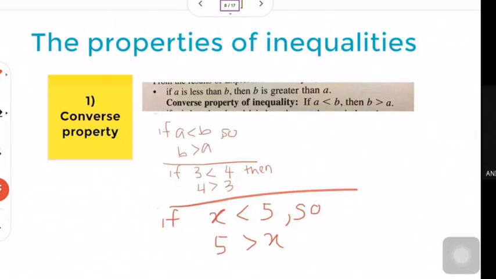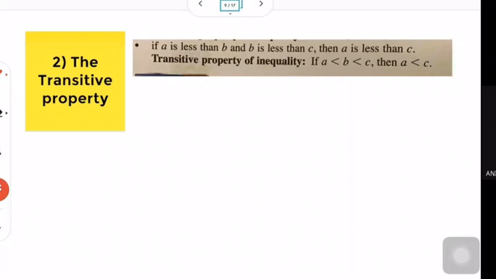Okay, another property, ada dua property saja. Another property, the transitive property. Transitive. Ingat tadi, converse mean you terbalikkan. Okay, the transitive property is that bila kita ada tiga keadaan macam ni.